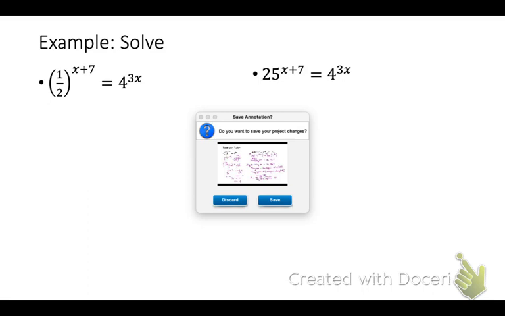Can somebody tell me what it was? It was 7 log of 25 over 3 log of 4.